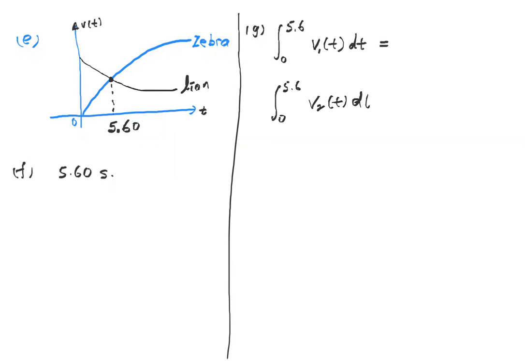Then you look at the answer. So what do you get? This one is 64 point something, is it? 64 point what? 64.32. Okay, then V2(t)? 26.214.